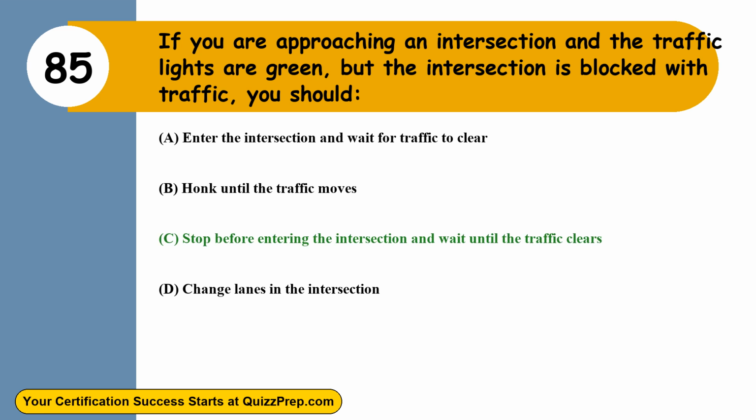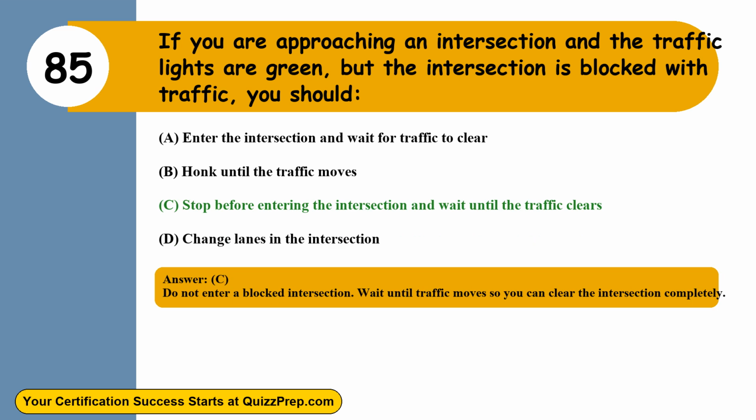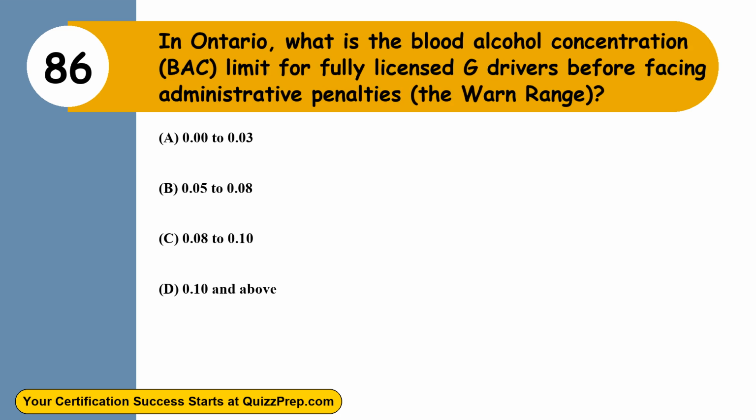The correct answer is option C. Stop before entering the intersection and wait until the traffic clears. Do not enter a blocked intersection. Wait until traffic moves so you can clear the intersection completely.